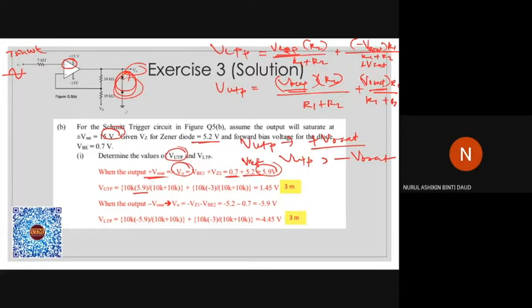VO saturation, straight away take the value. Why minus 3 here? Minus 3 because it's given to you.